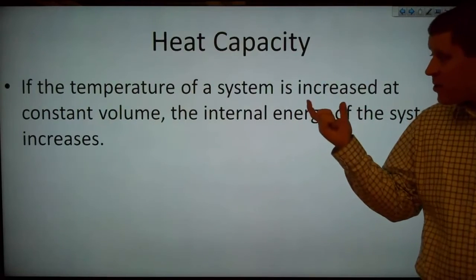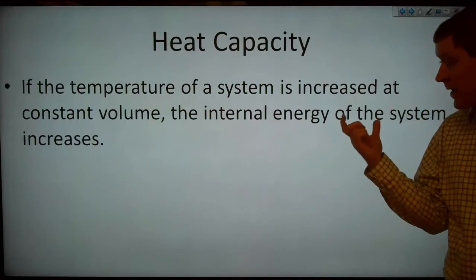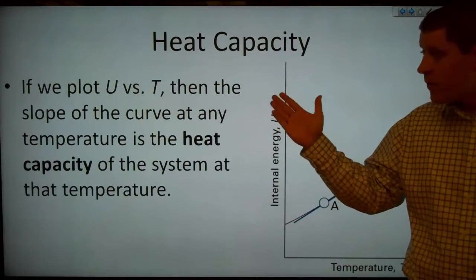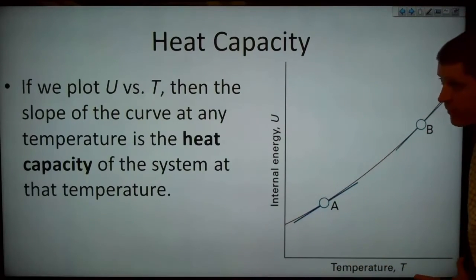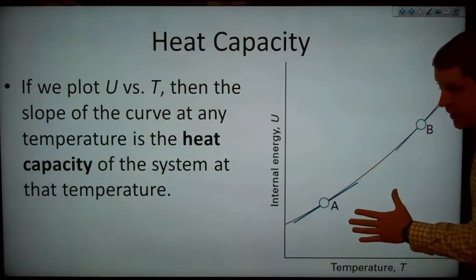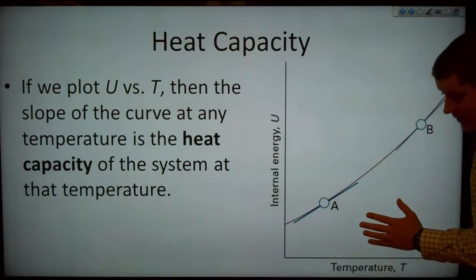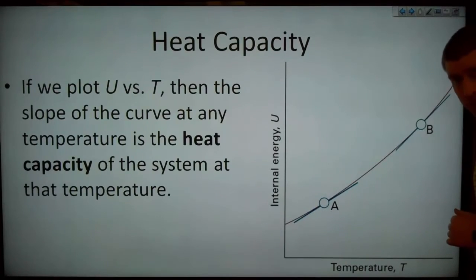So, if the temperature of a system is increased at constant volume, then the internal energy of the system increases. And if we plot the internal energy U as a function of temperature, so we've got U versus T, then the slope of that curve at any temperature is the heat capacity of the system at that temperature. Note that the heat capacity may be different at different temperatures.